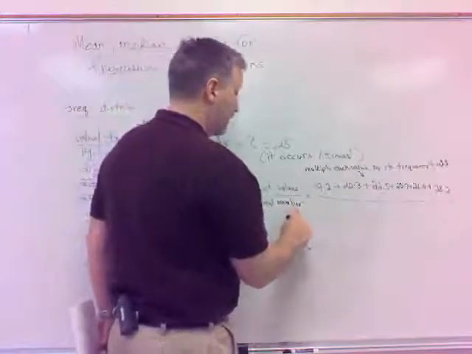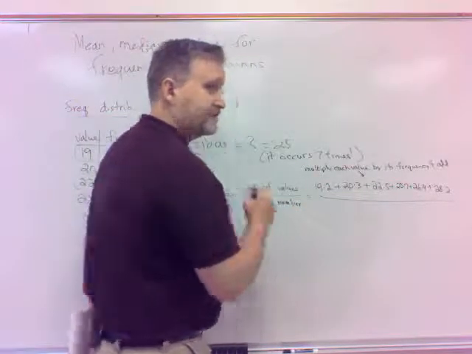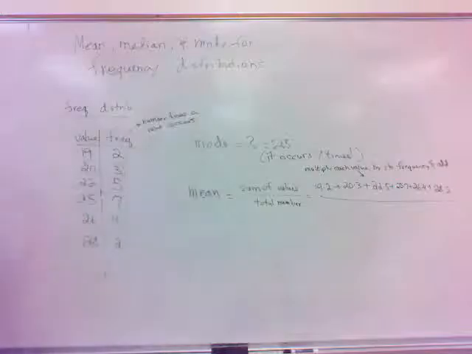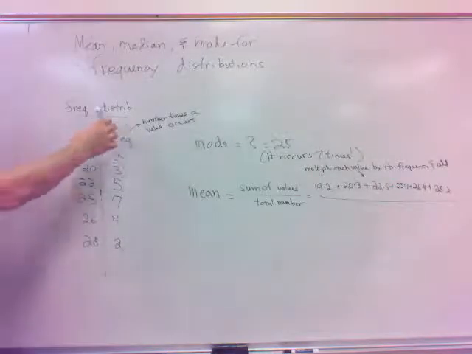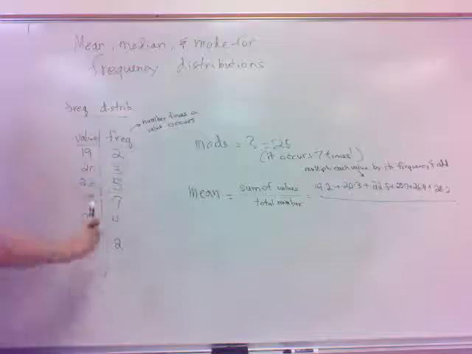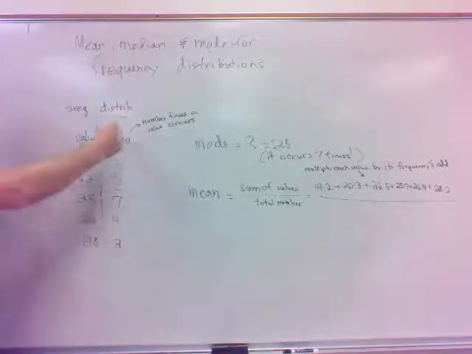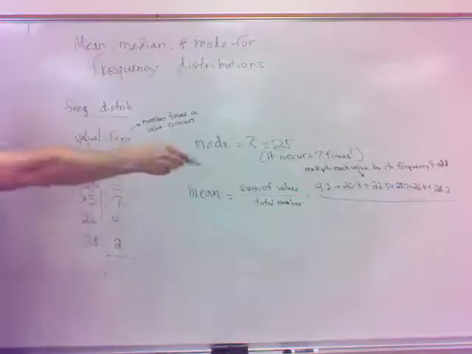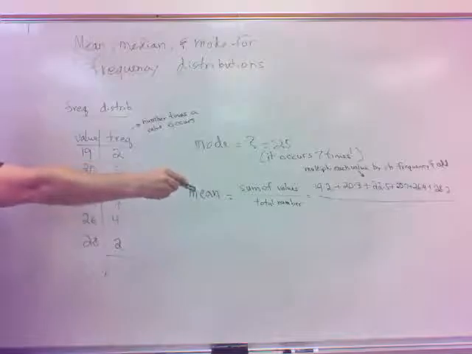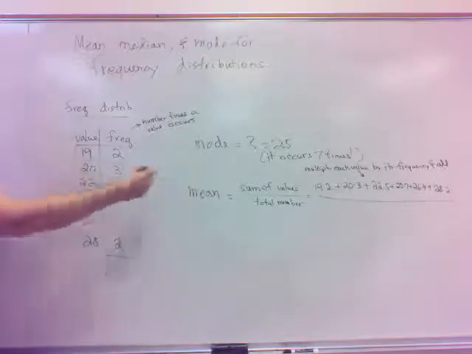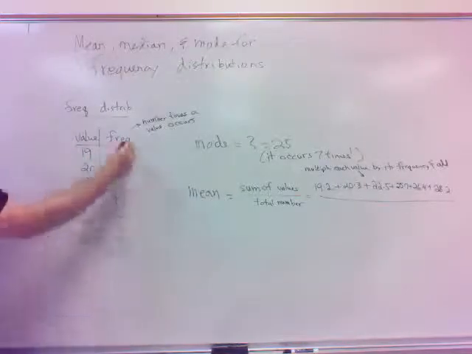All right. Now, on the total number, where does that come from? The total number of values there are. Well, again, the frequency tells me how many of each one I've got. So if I added up the frequency here, wouldn't that be the total number of values there are? That's going to be the n. So I want to add these up right here.